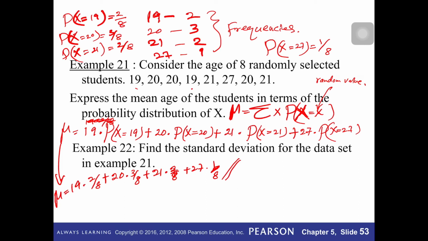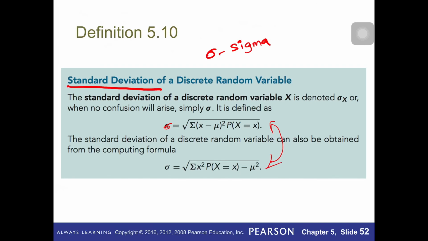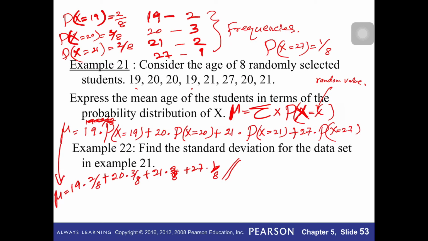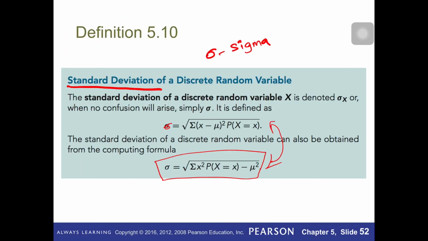The next example is example 22. Find the standard deviation for the data set in example 21. For that you have to use this equation or this equation and plug in the values. I think I can use the first one, right?